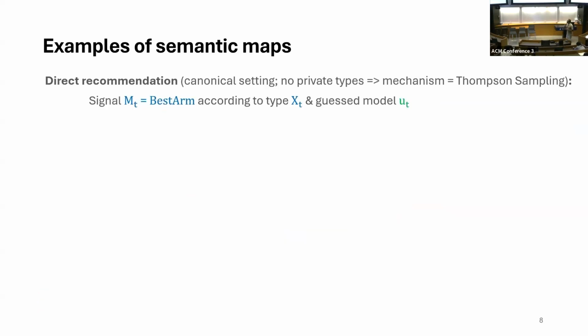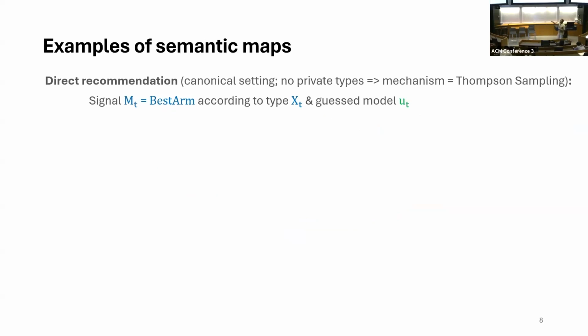Okay? All right, let me instantiate some canonical examples of semantic maps and what kind of signals they correspond to. The simplest example is direct recommendation, which is the classical paradigm studied in prior literature. Here there are no private types, which implies that the mechanism being implemented is the vanilla version of Thompson sampling.